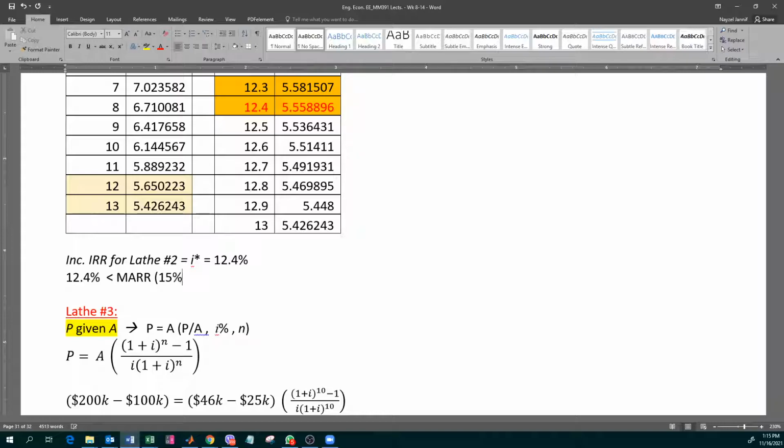What was our MARR? It was 15%. Therefore, lathe 2 is not even meeting the company's minimum requirement.